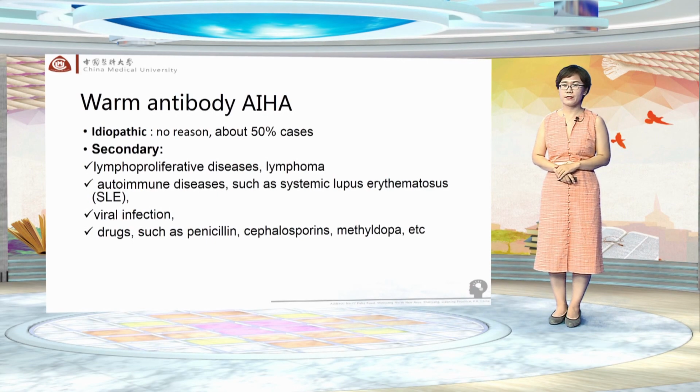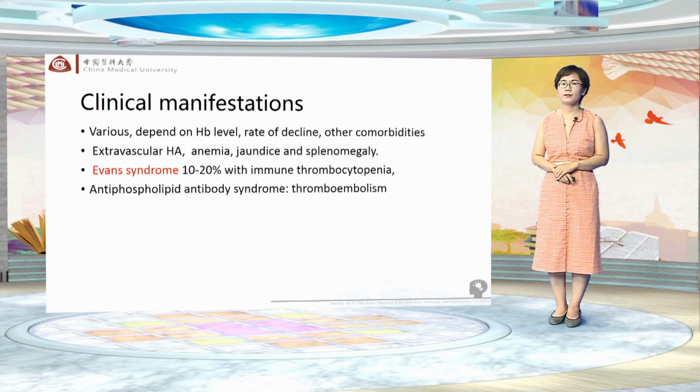Others are usually secondary to lymphoproliferative disease, such as lymphoma, or autoimmune diseases, such as systemic lupus erythematosus. Viral infection and drugs, such as penicillin, cephalosporin, and methyldopa, can also lead to autoimmune hemolytic anemia.